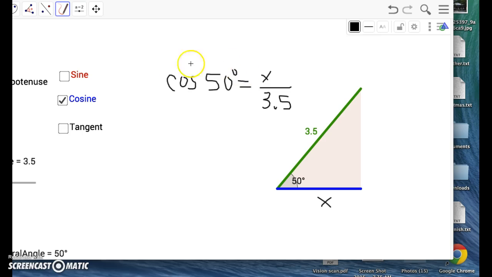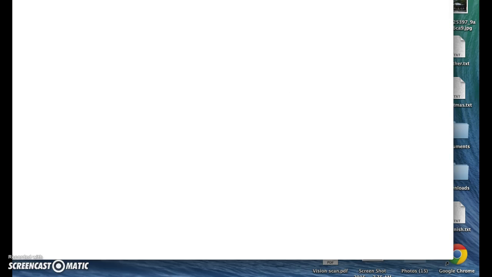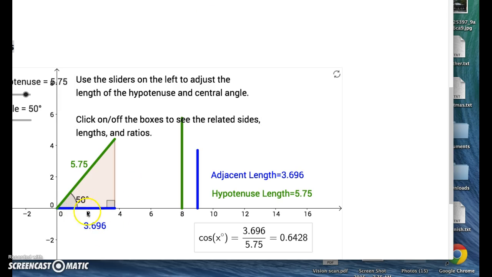This number is in the calculator, the cosine of 50, but you could also get it from over here. The cosine of 50 is 0.64.